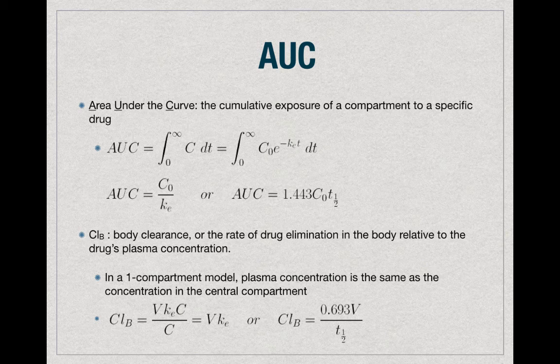So it's the same in the central compartment. So CLB, clearance in the blood, equals volume KE C over C, equals volume KE, or CLB equals 0.693 V over T1/2. Very simple.